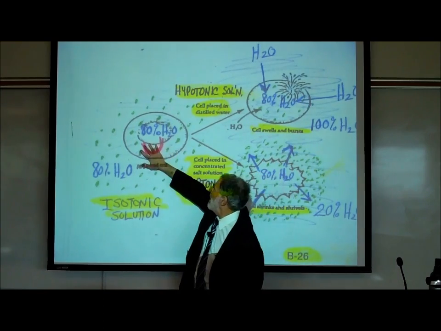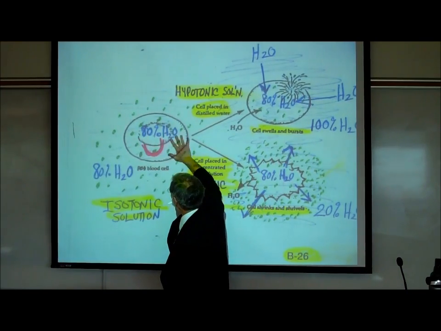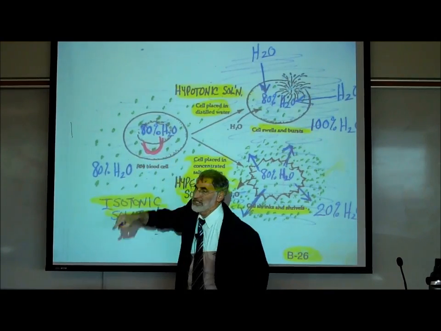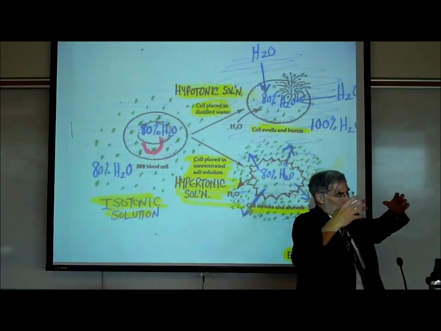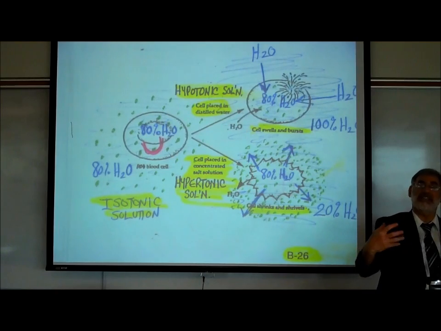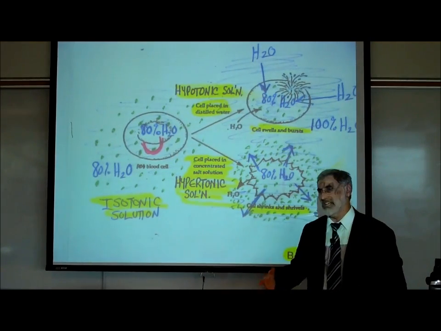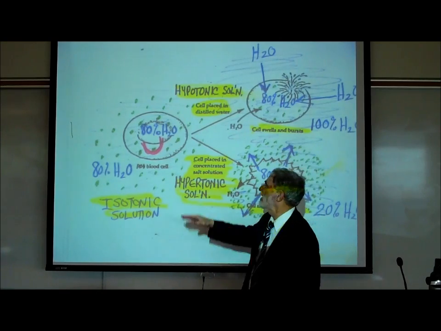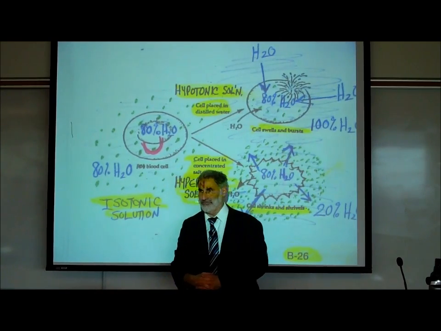So I colored this bluish to represent the water, and these dots represent the solutes, the chemicals that are mixed in with the water. Proteins, sugars, minerals, vitamins. That's what those dots represent.